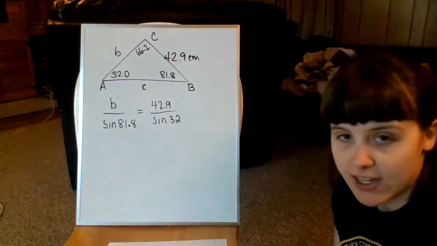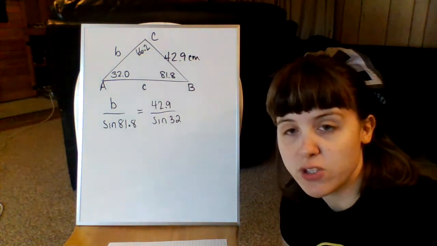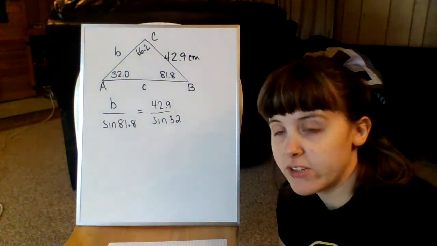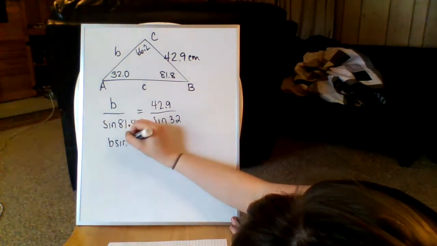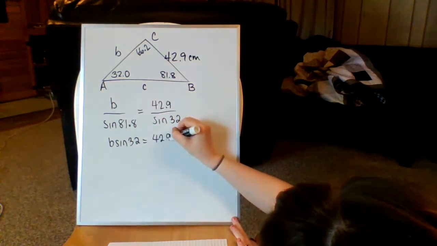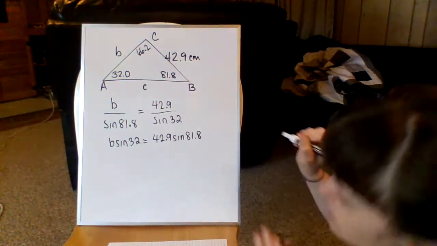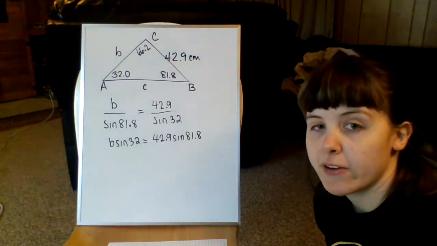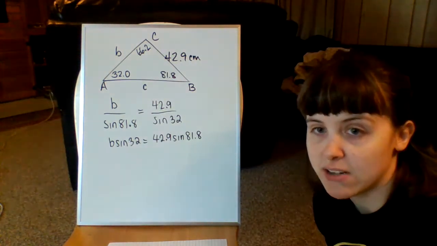Now, do you remember how proportions work and how you have to cross multiply to solve them? So next we're going to have B times sine 32 equals 42.9 times sine of 81.8. Now I need to get B by itself, so the next step is to divide by sine of 32.